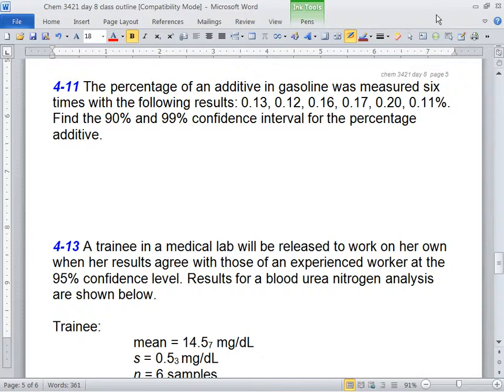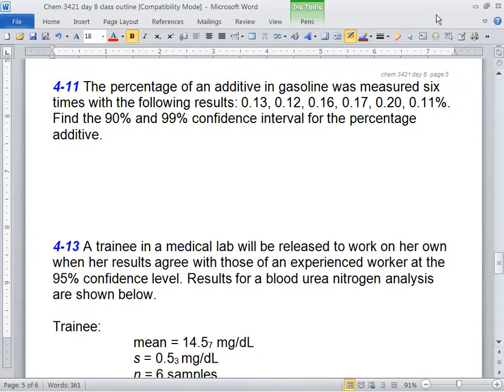The percentage of an additive in gasoline was measured 6 times with the following results. Find the 90 and 99% confidence interval for the percentage additive. How do you do that?